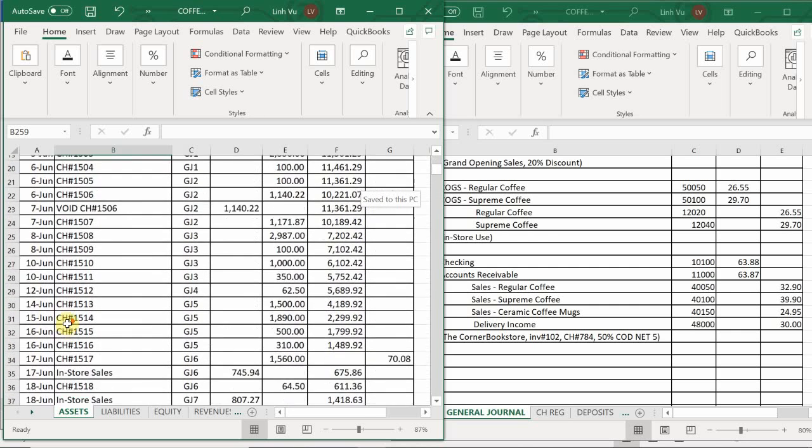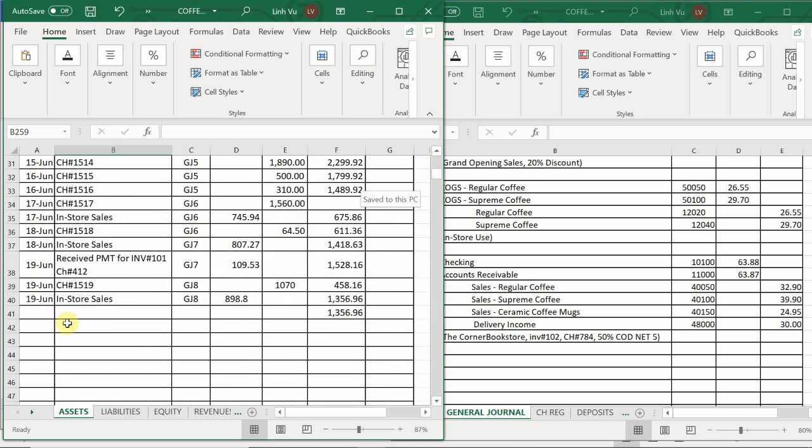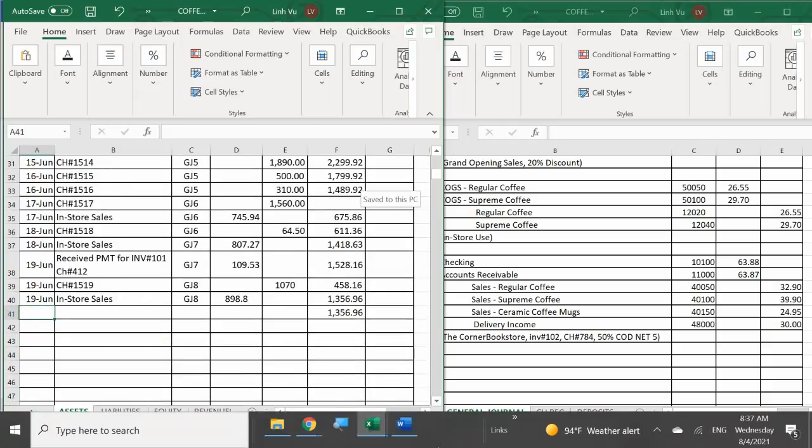Yeah, right there. Good. And that'll be 620. The amount of the check, 63.88. That would go here.